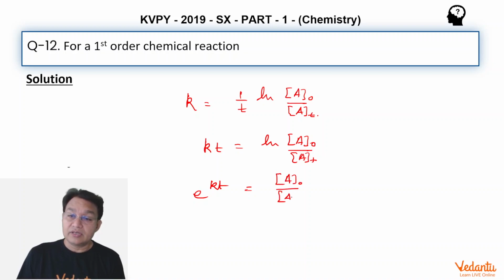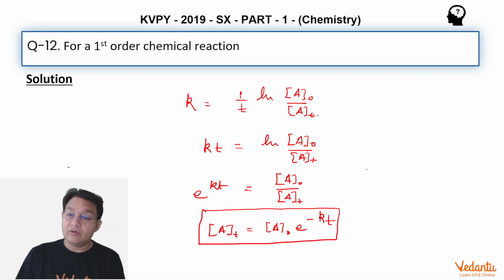So you can easily get this expression that At, the concentration at time t, is equal to A naught e to the power minus kt. So that is the integrated expression, which clearly gives us the idea of how the concentration is going to change with time. If you plot A versus t graph, that's going to be exponentially decreasing.